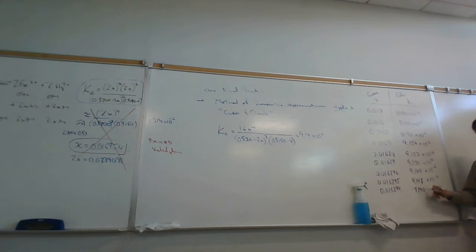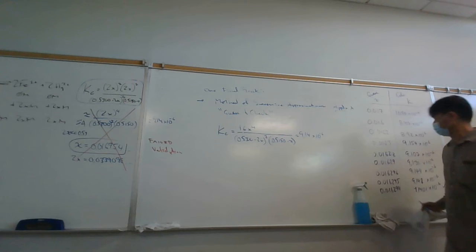Give me one more digit. 1 times 10 to the minus 6. Okay. This is close enough. So we're going to go with that.